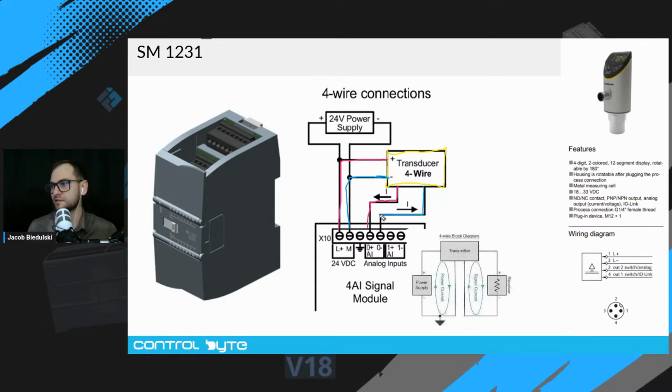And the best part of such a connection is that there are two separate circuits for the power supply of the sensor and a separate circuit for the signal path, okay? And with this connection type, you get the best immunity for the measurement system.